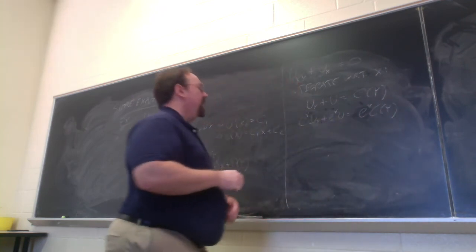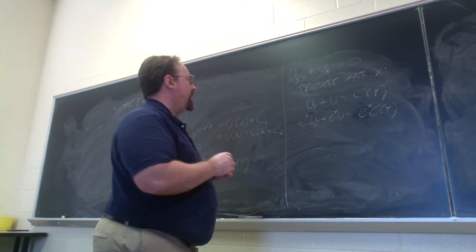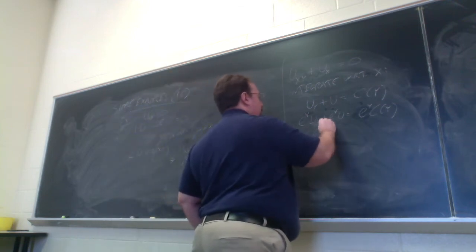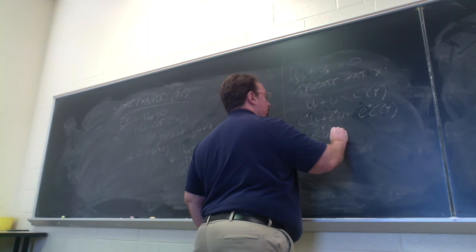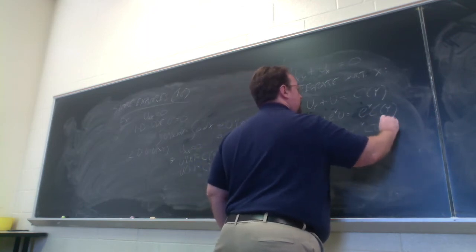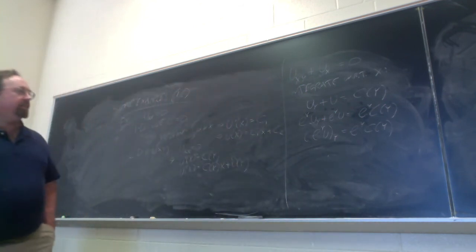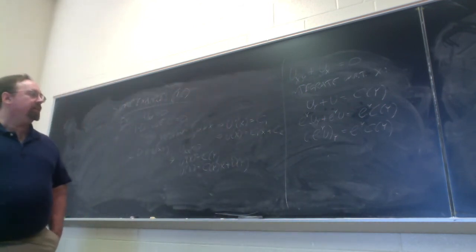Okay. Then what we have here is e to the y u with respect to y is equal to this. Okay, and then what? You can take the e to the y outside, right? Not yet. Okay.